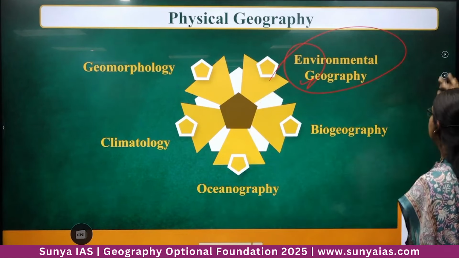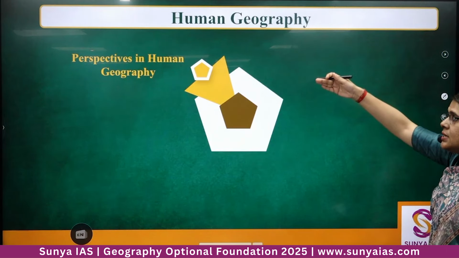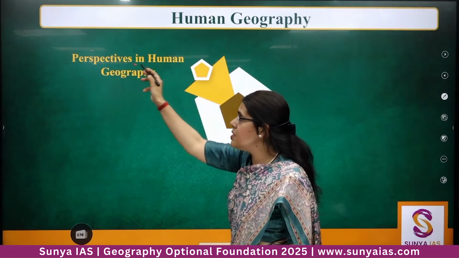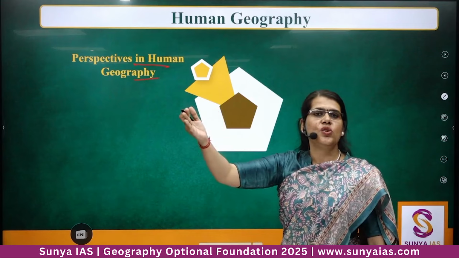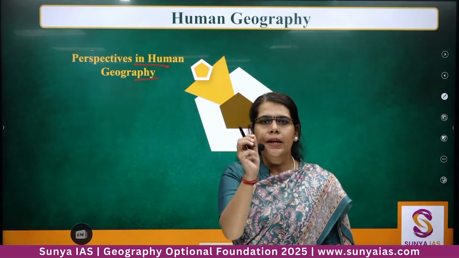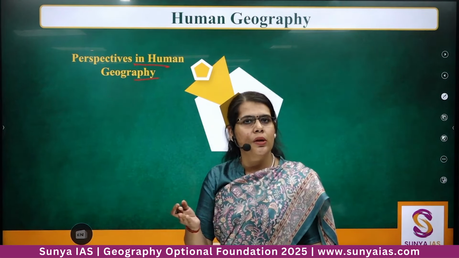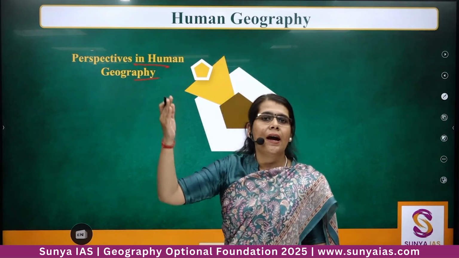Next, the second section, human geography in paper 1. The first important unit is perspectives in human geography, where you study the evolution of geographical thought, how geography itself has evolved into an independent subject at the university level, which was not so historically. But we are aware that geographical studies were being conducted even during the time of the Greeks and Romans.